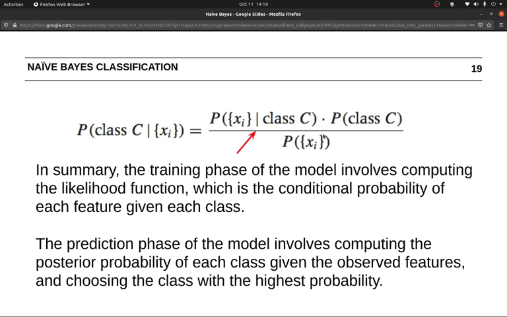In summary, the way the algorithm works is, in the training phase of the model, it computes the likelihood function, as we calculated with those subsetted tables. That's what the algorithm does. It does it for each of the classes for every possible arrangement of features, and then it also has one single calculation for probability.